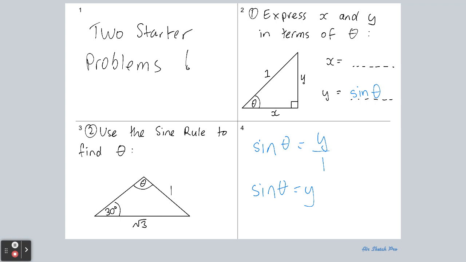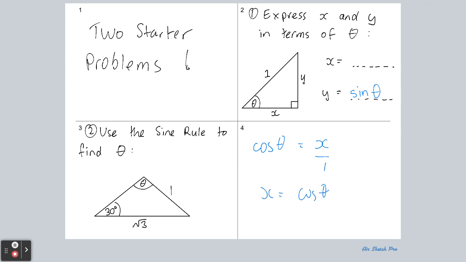Similarly, with cosine, cosine is adjacent over hypotenuse, so I've got cos theta is equal to adjacent x over 1. X over 1 is just x, and so I've got x is equal to cos theta.